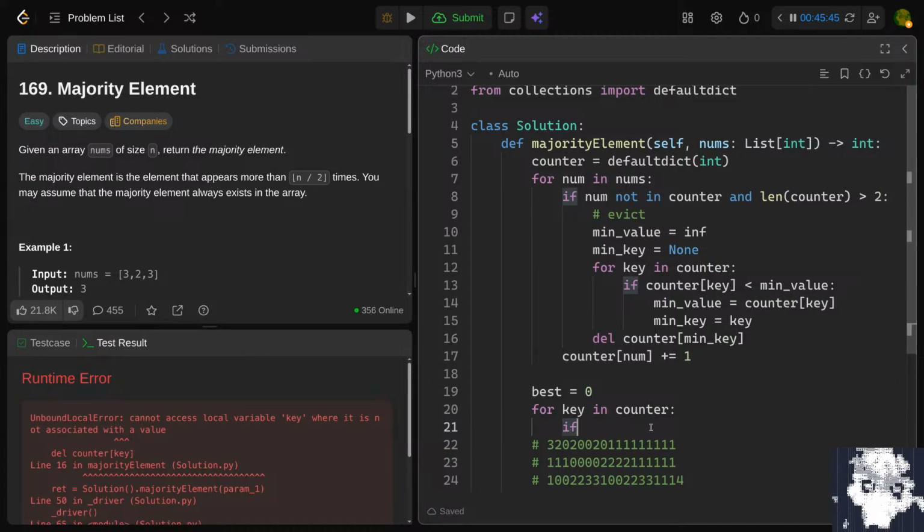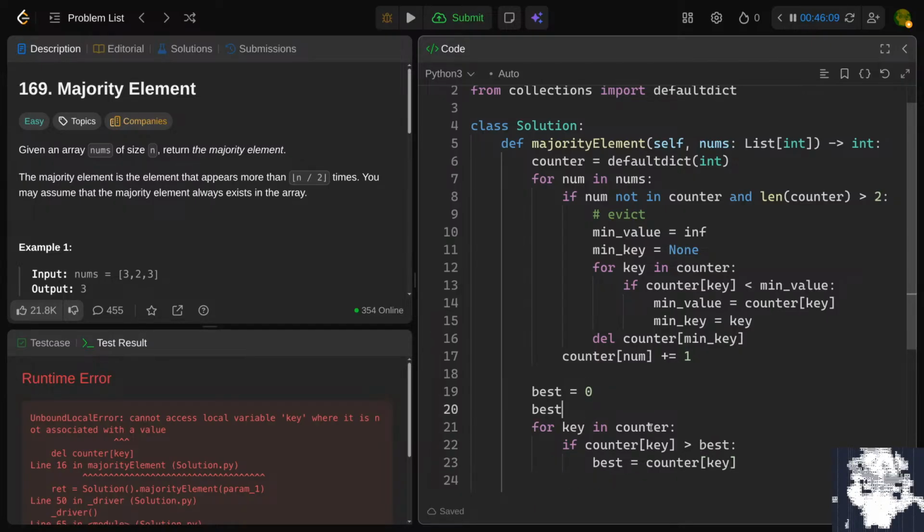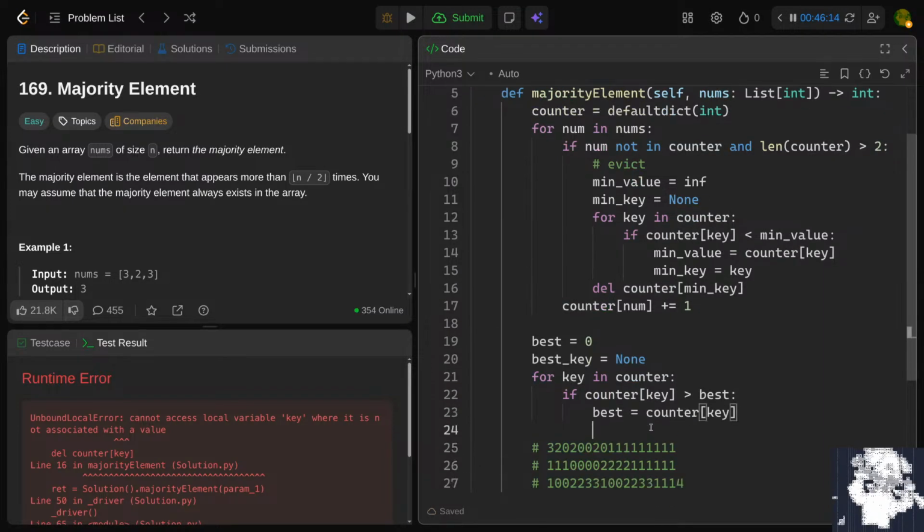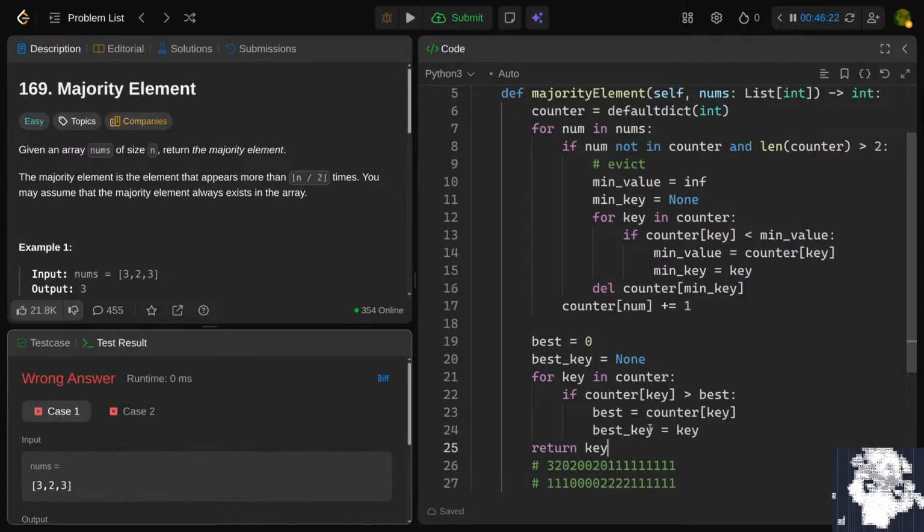For key and counter, if counter of key is greater than best. Or how about just best equals max of, no, because we have to remember what the key is. If counter of key is greater than best, best equals counter of key. Best key equals key, return key.